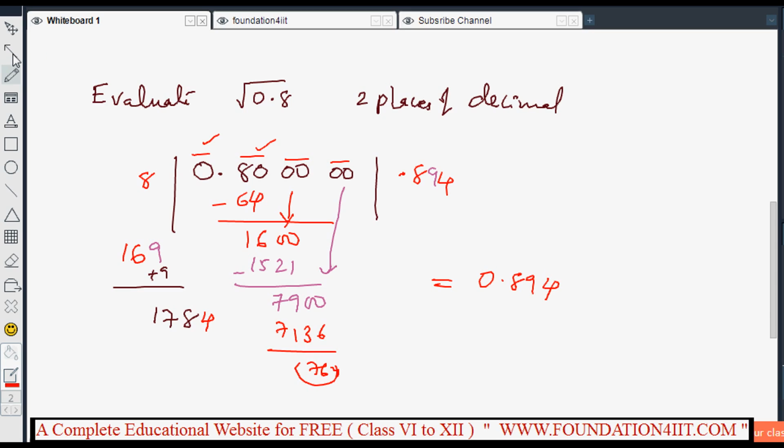So here the third place is 4. It is less than 5. Since it is less than 5, we can remove this. So 0.89 itself is the answer. Now it's less than 5 means you can remove. So 0.89 is the square root of 0.8, correct up to 2 places of decimal.